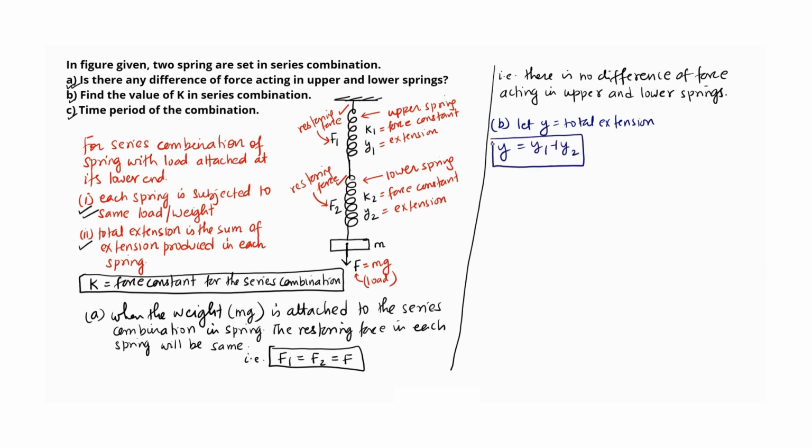We know the restoring force in a spring equals minus K times Y, where Y is the extension produced, K is the force constant, and F is the restoring force. So we can write Y equals F by K, in magnitude.